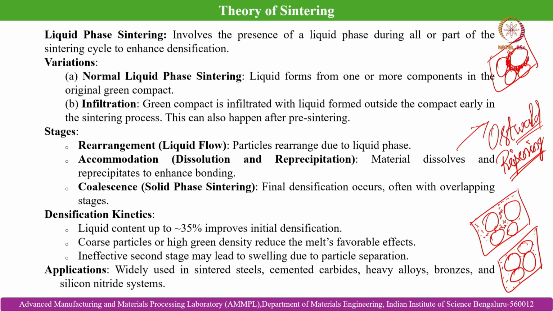And the second technique is the infiltration. So, in this case the green compact is infiltrated with liquid formed outside the compact early in the sintering process, when already there are some pores created because of the sublimation of the polymeric binder ingredients. So, those pores get infiltrated by the liquid generated, prepared outside. This can also happen after pre-sintering.